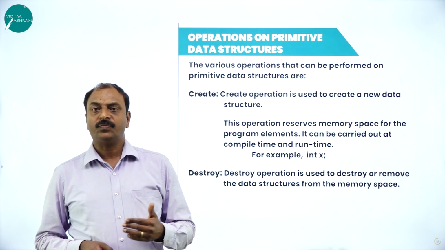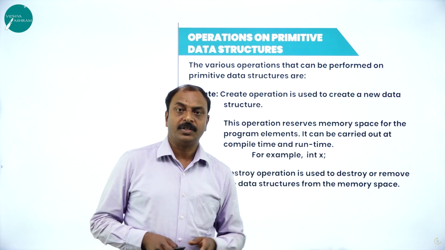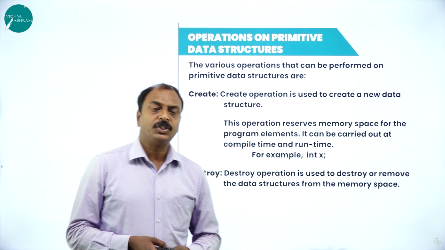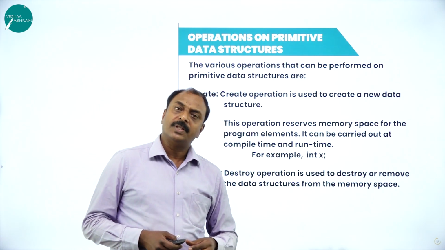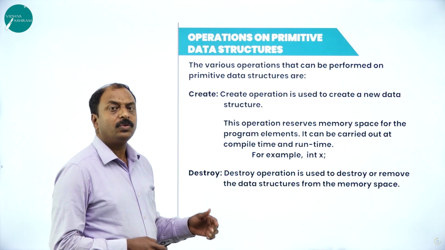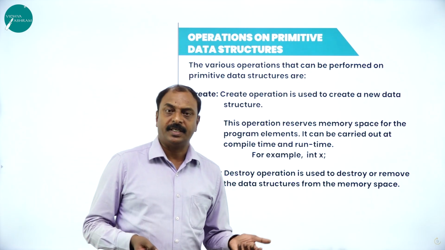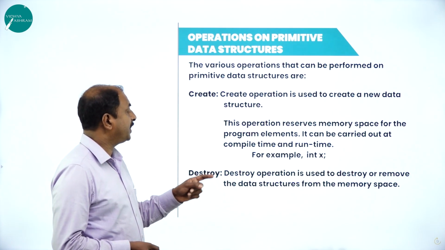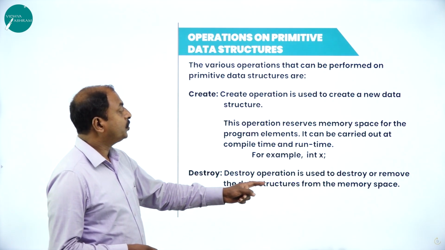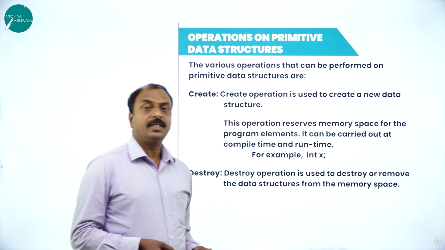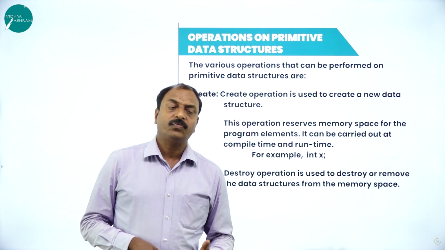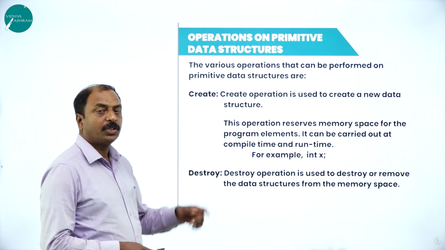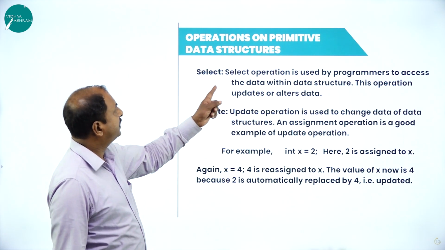So once we have made effective use of these data structures, it is good practice to remove the data from the computer memory, to delete the data from the memory. For that we use the destroy operation. It is used to remove or destroy the space allotted for a particular data structure.